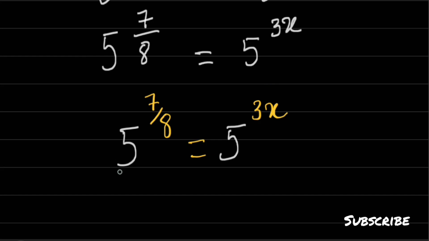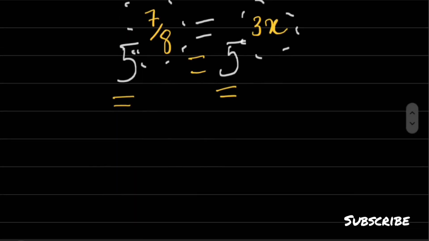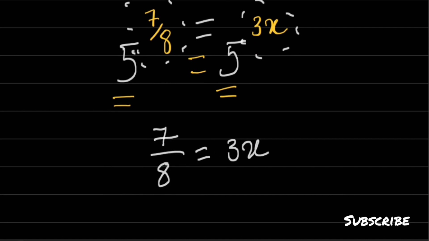We have here that the bases are the same, that is 5 and 5. So for this equation to be correct, the exponents 7 on 8 have to be equal to 3x. So looking for the solution, we have to solve the new equation: 7 on 8 is equal to 3x.